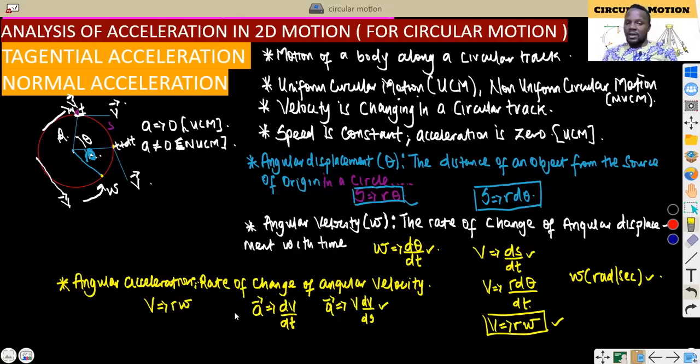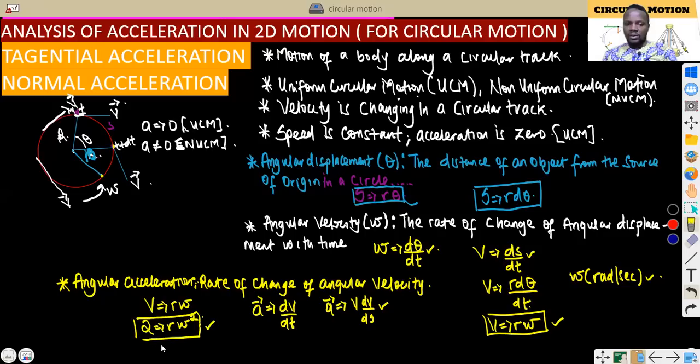Since acceleration is v dv by dt, angular acceleration will now be, by differentiating v dv by dr, alpha equals r omega times omega, which gives you r omega squared. This is another important formula you have to keep in mind.